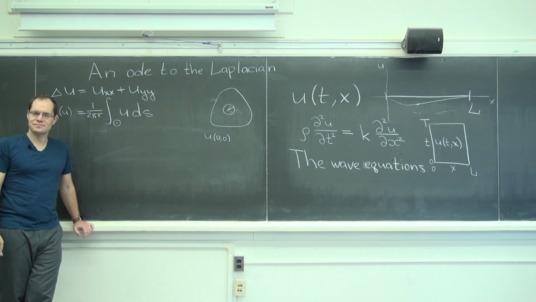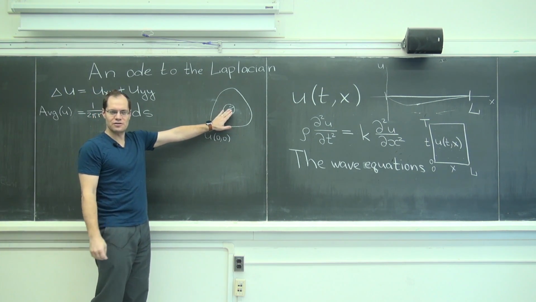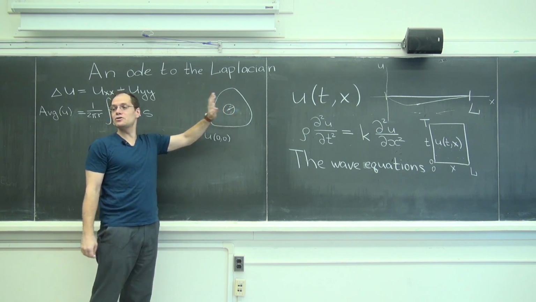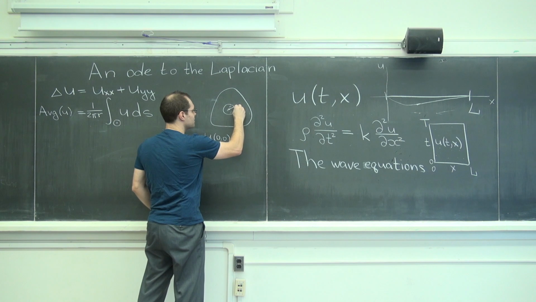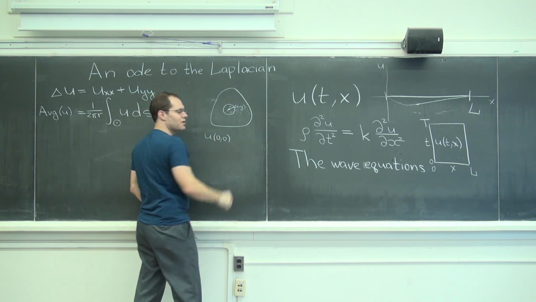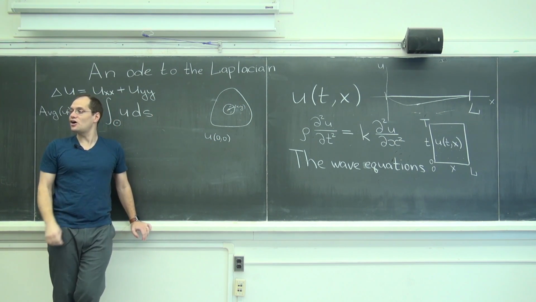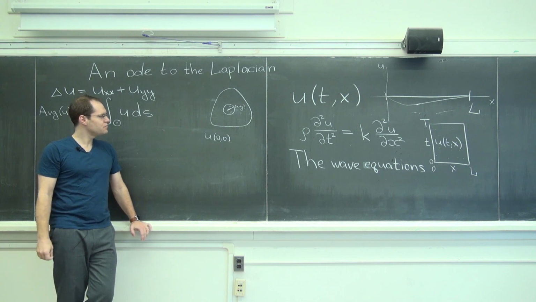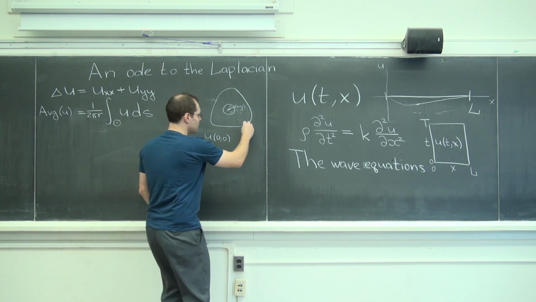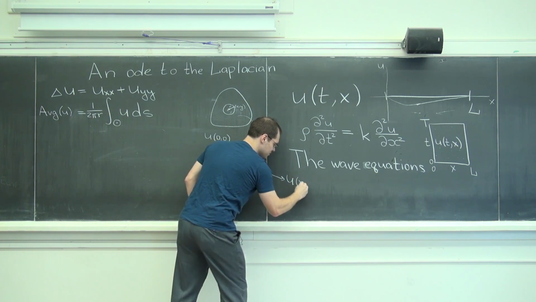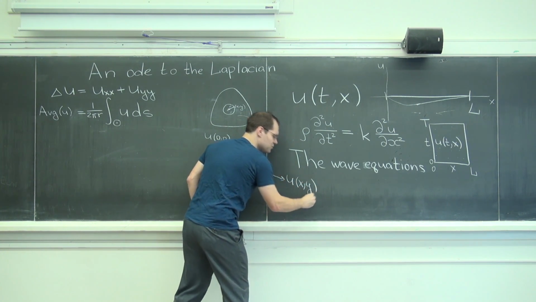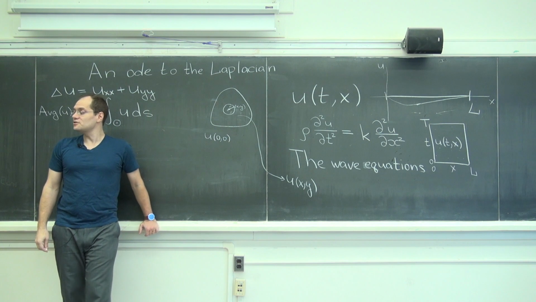Okay. But it's a small circle. So we're going to approximate u. We'll look at the value here at the point x, y, small x, small y, distance r away from the origin. Here, u of x y will be equal, we'll write a little bit of a Taylor series for it.